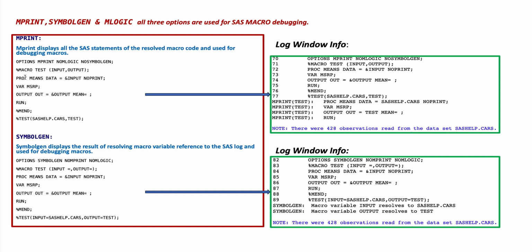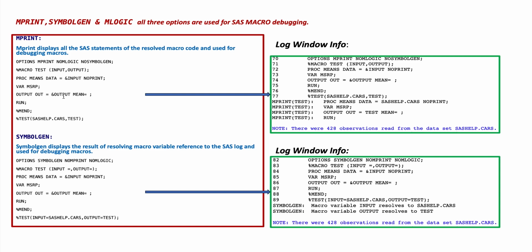Macro name is test, and we are creating two macro variables, input and output. We are using the proc means procedure. For data, we are providing ampersand input. At the end of this macro, we provide the input data set name, and the variable is msrp because we are using cars data.